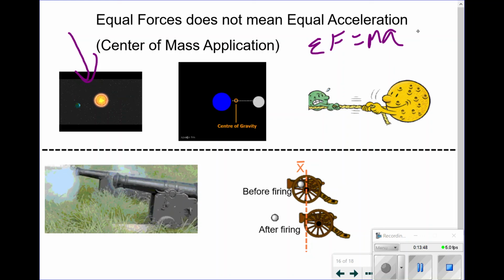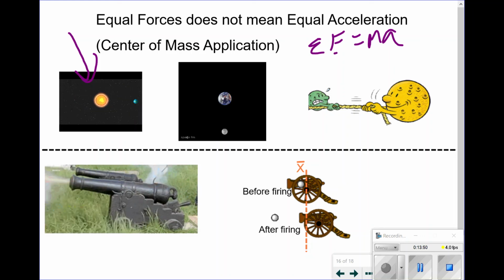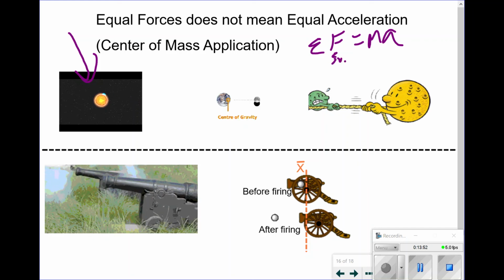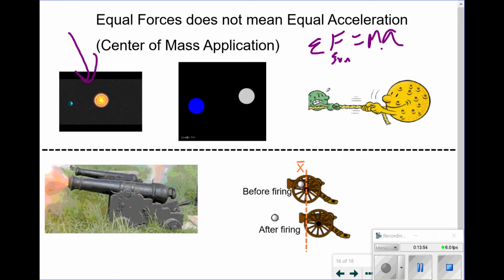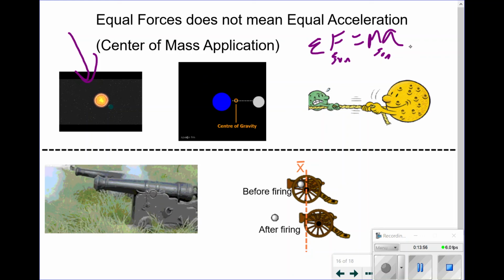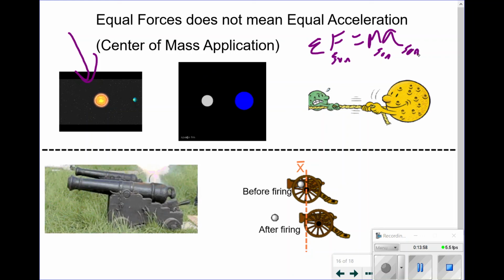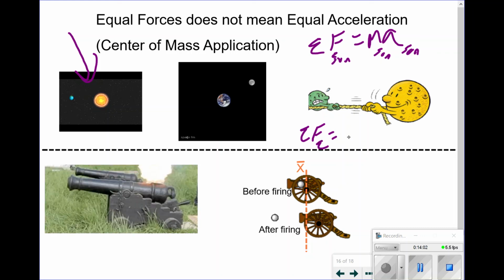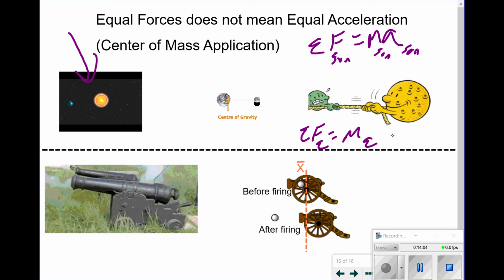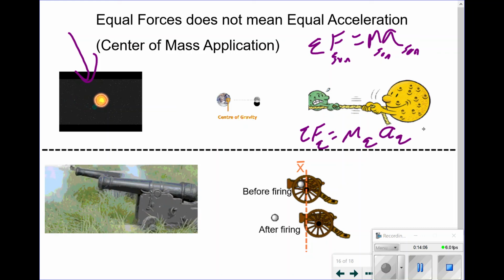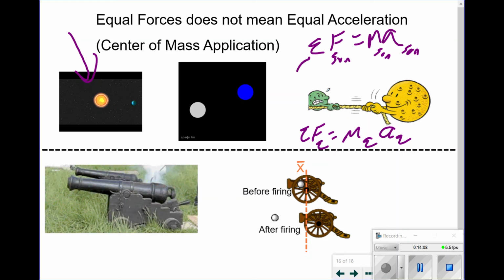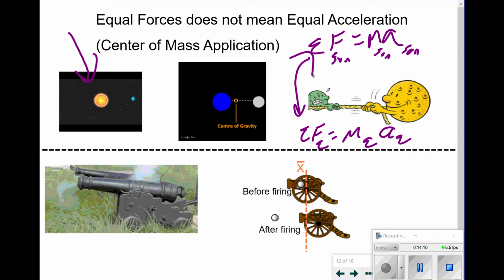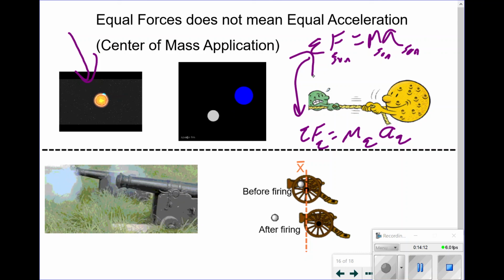This means that the net force on the sun must equal the mass of the sun itself times the sun's acceleration, while the net force on the Earth must equal the mass of the Earth times the Earth's acceleration. These two values must be equal and opposite in direction.